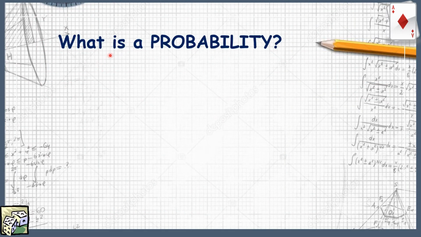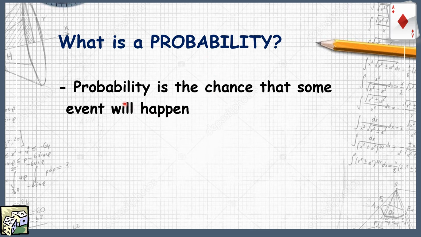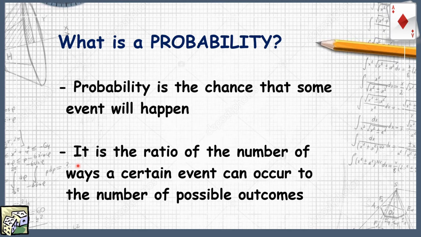Now, let's discuss the probability. When we say probability, it is the chance that some event will happen. Or, dito natin masasabi yung percent of chances na mangyayari yung isang bagay. Ang formula natin sa pag-solve ng probability is i-divide lang natin yung number of ways a certain event can occur to the number of possible outcomes.